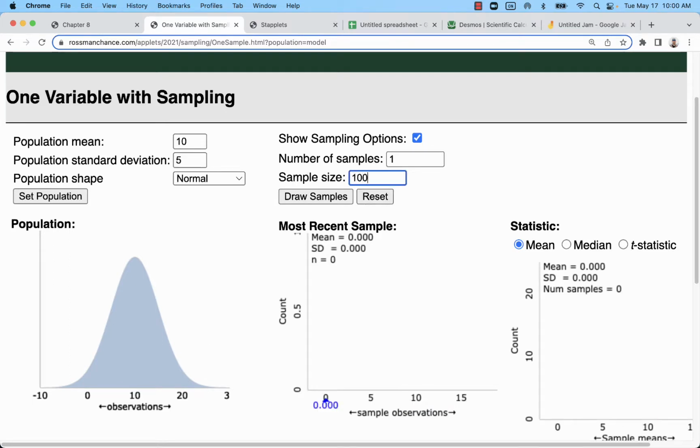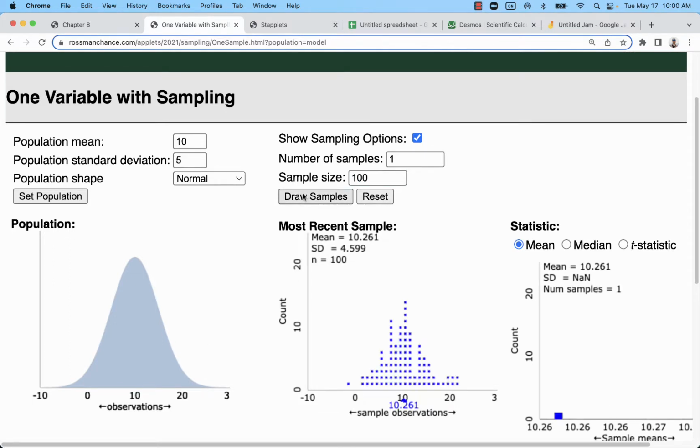Now if I increase my sample size to like 100, I'm going to be really close to 5 each time, and I'm a lot less likely to have that skew of underestimating more often than overestimating. It's going to be about an even chance of underestimating and overestimating the standard deviation.